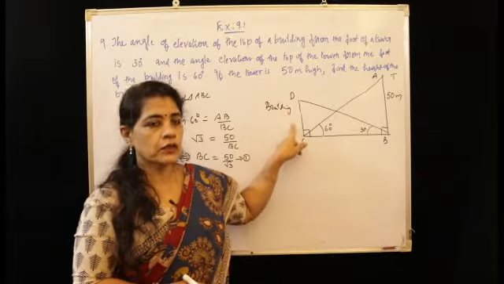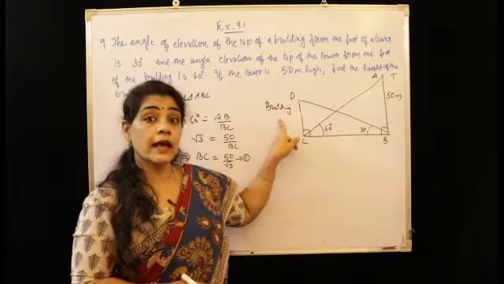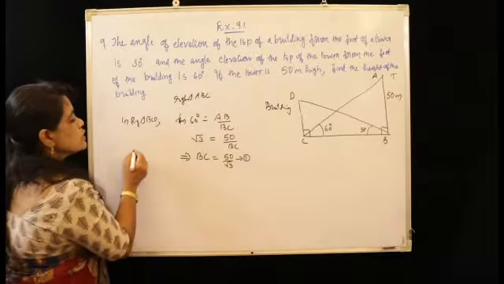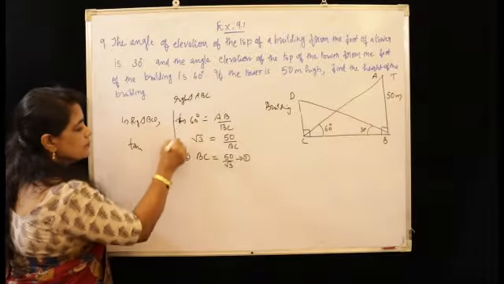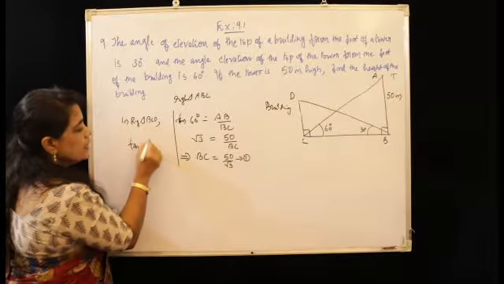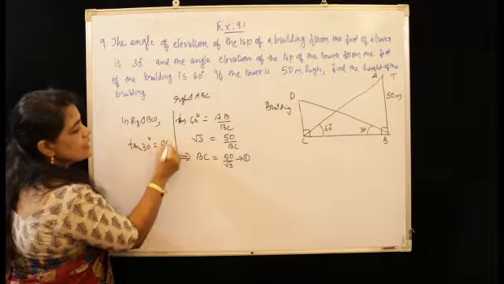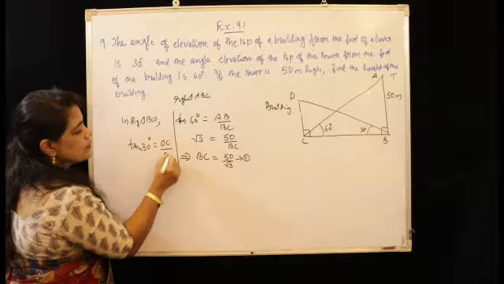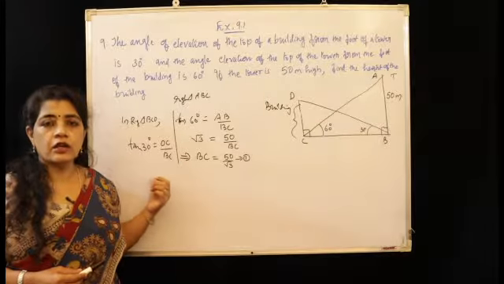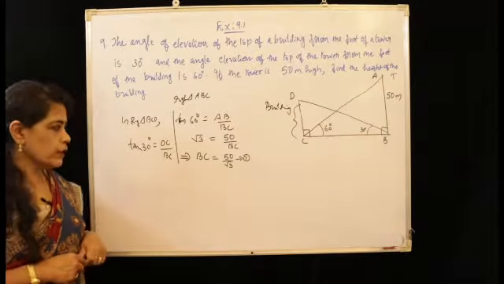So the ratio should have this side, that means tan of 30 degrees. So tan 30 degrees equals DC divided by BC. Next we can substitute the value of tan 30 as 1 by root 3.